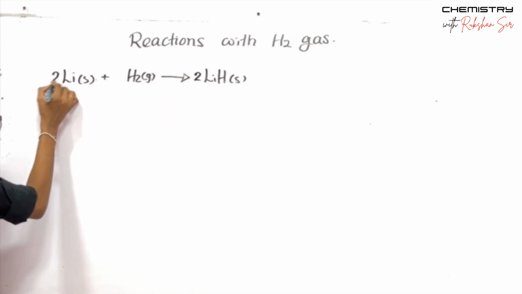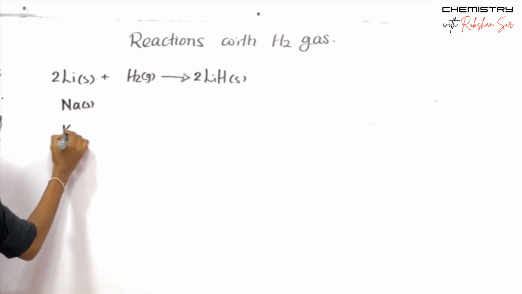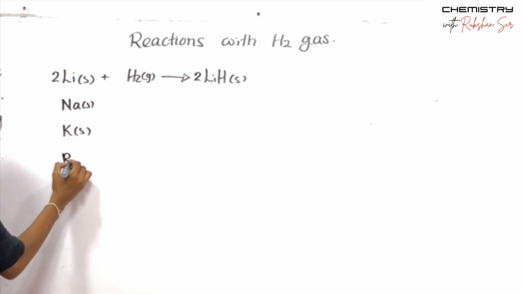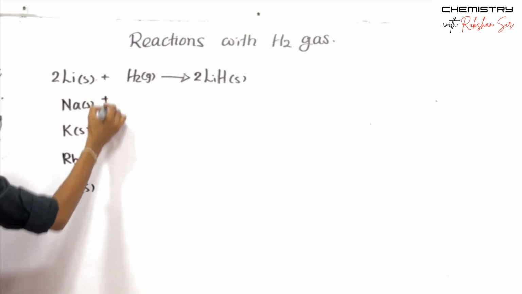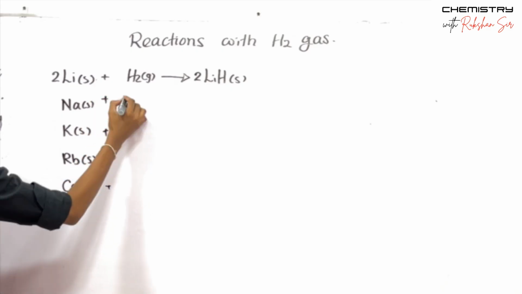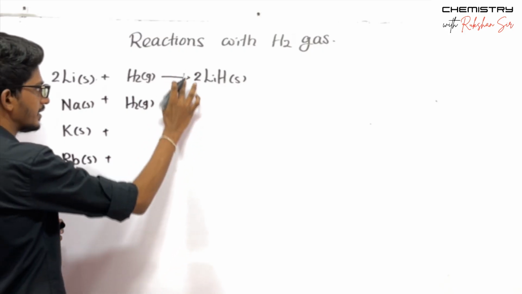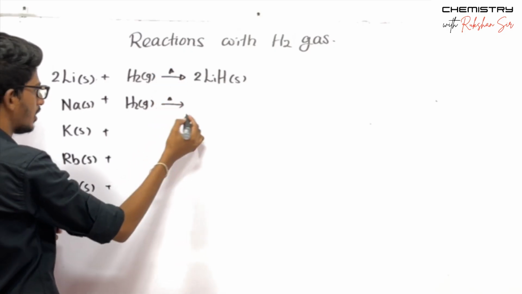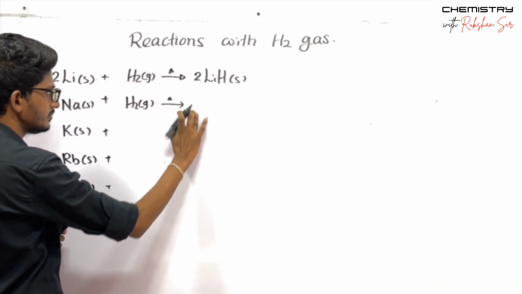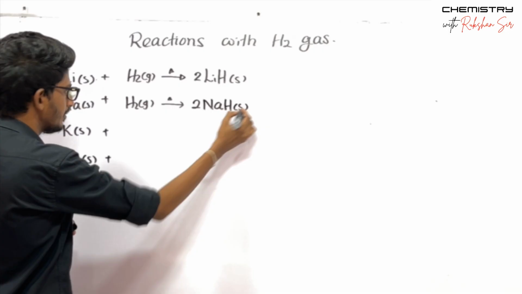Sodium, potassium, rubidium, cesium, the group 1 elements, react with H2 gas to form the respective hydride. Normally you need to heat this to come up with the hydrides. So 2 sodium hydride will be produced.